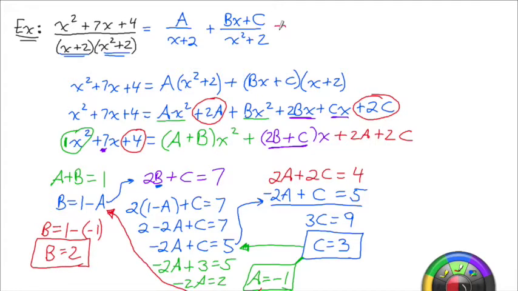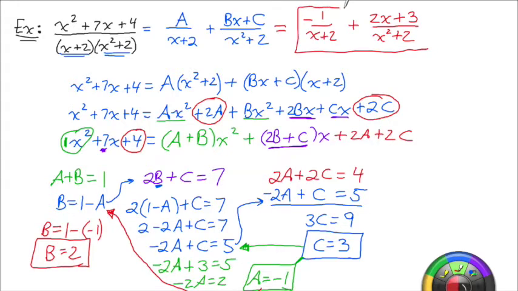So if I plug it back in, this becomes a, negative 1 over the linear factor x plus 2, plus b, which is 2, x plus c, which is 3, over x squared plus 2. And there is the partial fraction decomposition of the original fraction. A nice breakdown version.